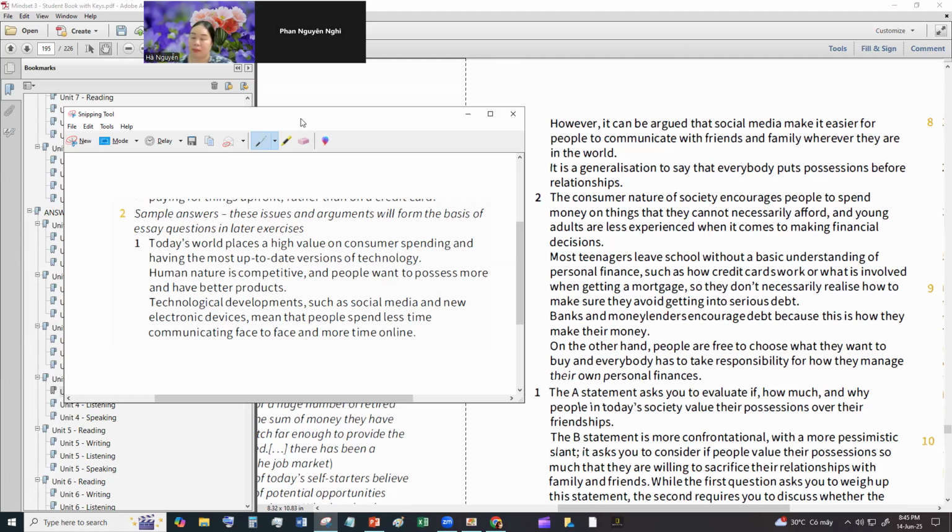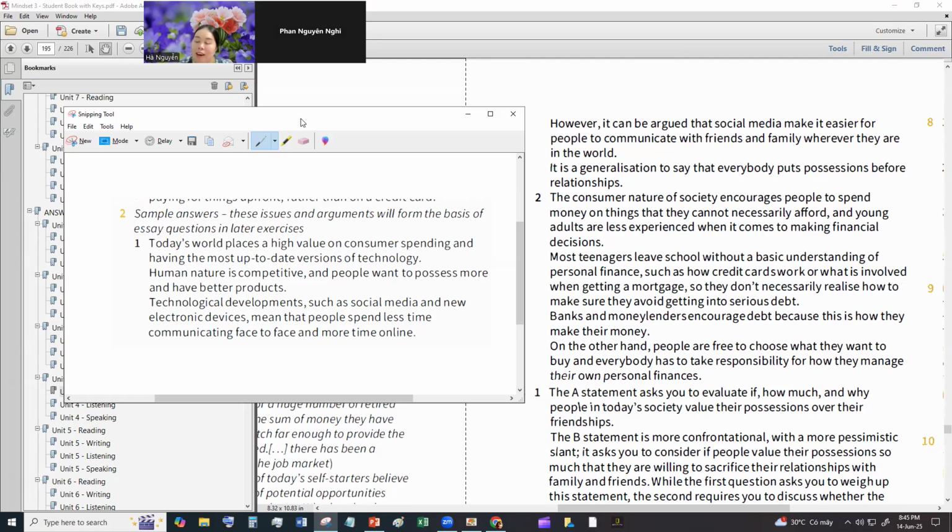However, it can be argued that social media makes it easier for people to communicate with friends and family wherever they are in the world. Anything else? It is a generalization to say that everybody puts possessions before relationships. That's right. Good job. So there are two ideas to disagree with statement one.